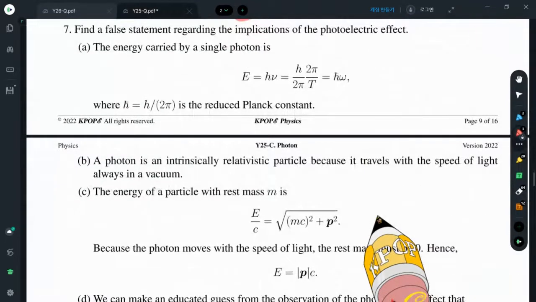Now, Einstein's interpretation: even though Einstein had already become famous for relativity, people were reluctant to give the Nobel Prize to Einstein for his relativity.